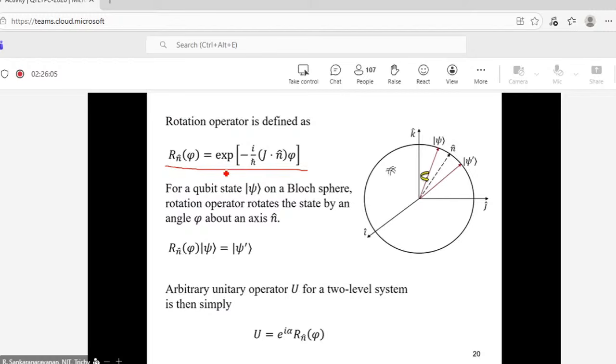So this rotation operator operates on psi and gives you the new state psi prime as follows. The state psi is being rotated about the axis n cap by an angle phi.